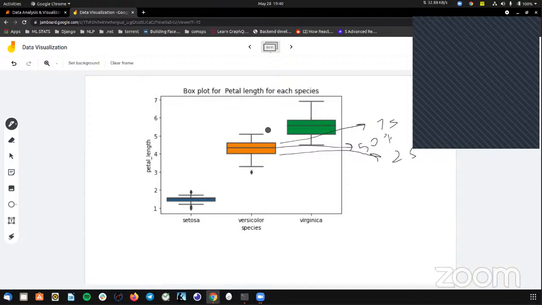I will come back to what these are. These are basically the whiskers, and this is the outlier. I'm going to tell you how exactly it works. Pardon my spelling here. So these are the whiskers.